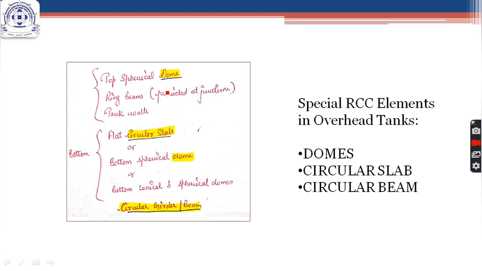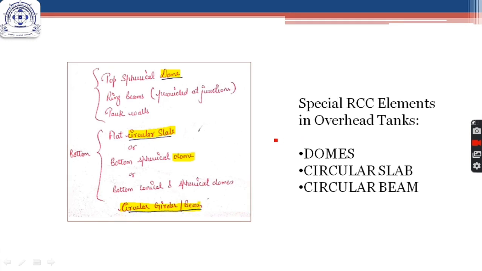You must have noticed here I have highlighted some words in yellow. Previously, we have studied various types of RCC structures, which have different types of RCC elements like beams, columns, slabs. But the Intze tank consists of some special RCC elements which you have not studied till now, which are the domes, the circular slab, and the circular beams.